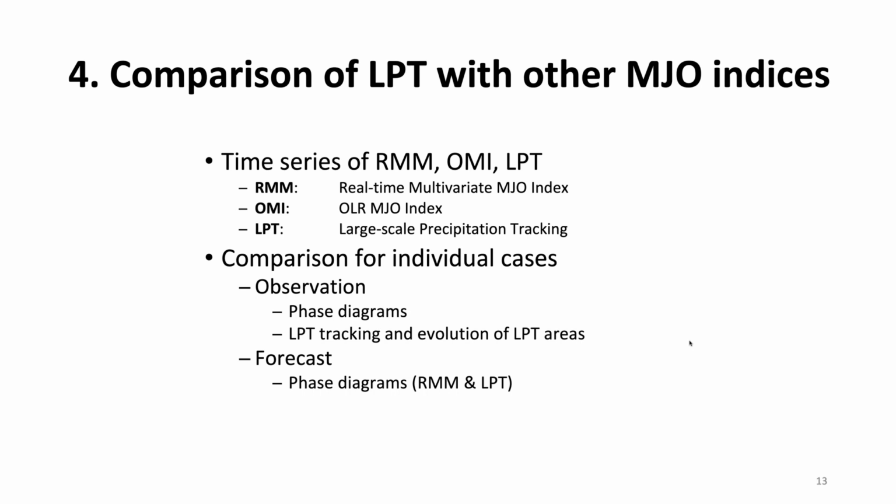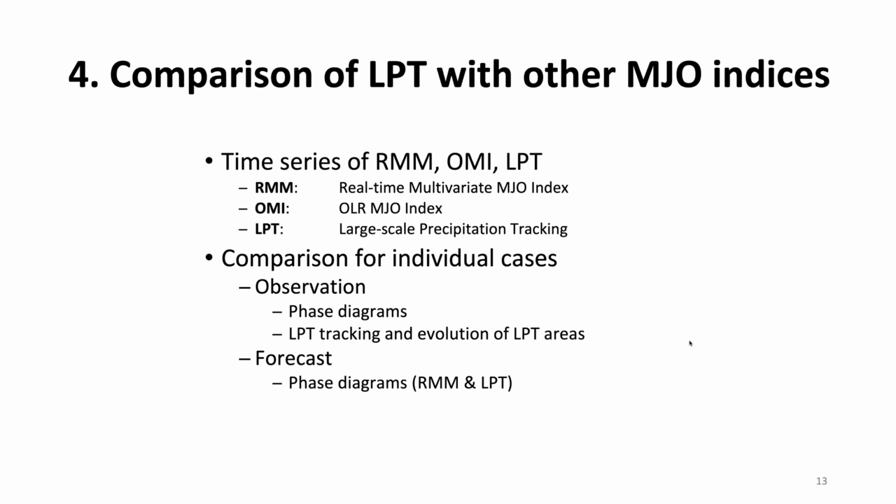Okay, here's a time series of the amplitude for RMM and OMI and LPT. So we know RMM used winds and convection to calculate the index, and it uses the global modes, and intraseasonal filtering is not applied.